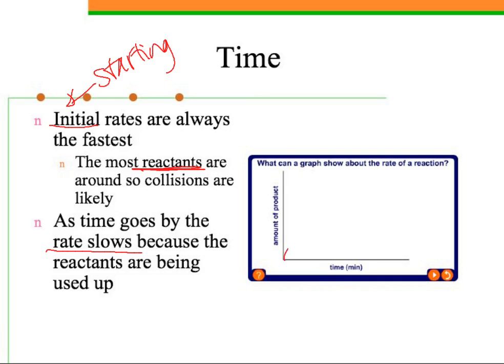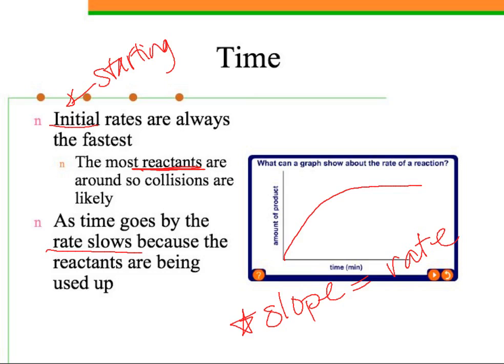We can look at the same graph that we looked at from before, but this is going to tell us something different now. The slope of the line, or the way that the line's curved, is equal to the rate of the reaction. Notice that here in the beginning, the slope is very steep. That means that we have a very fast reaction initially. Here in the middle of the graph, the slope is very shallow.